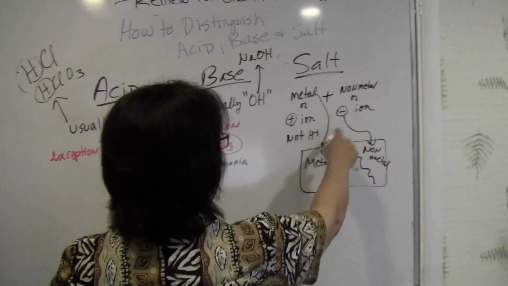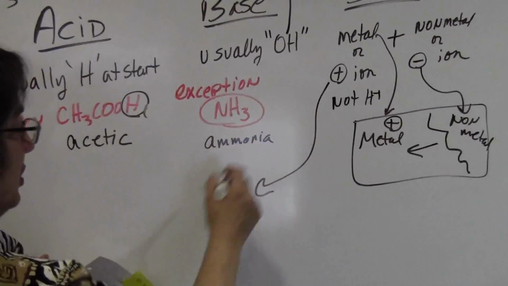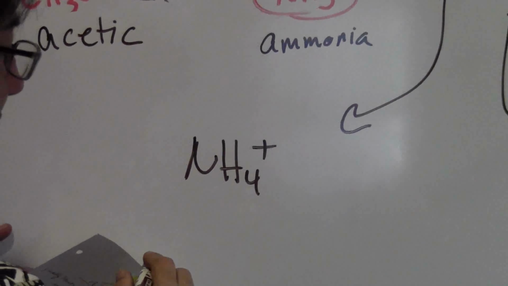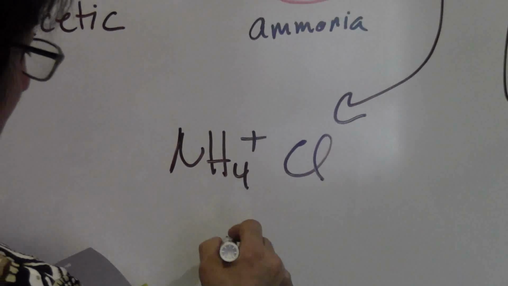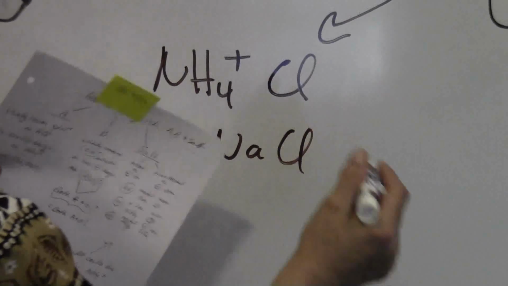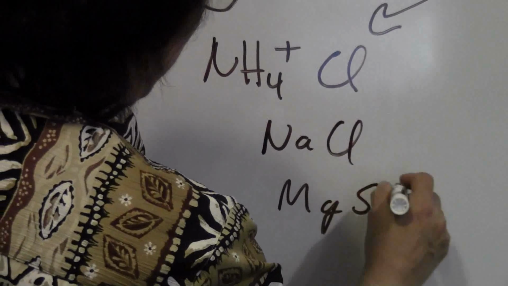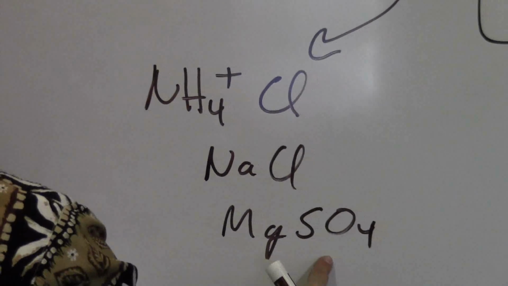Now, what do I mean by a positive ion? A positive ion salt could be the conjugate acid ammonium. It could be a metal like NaCl. It could be the positive be a metal and the negative be a negative ion.